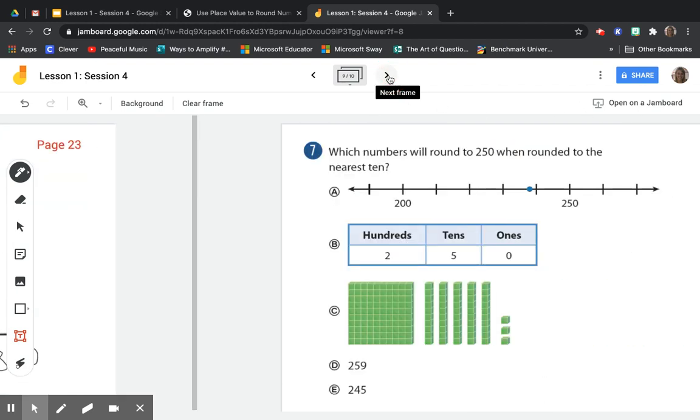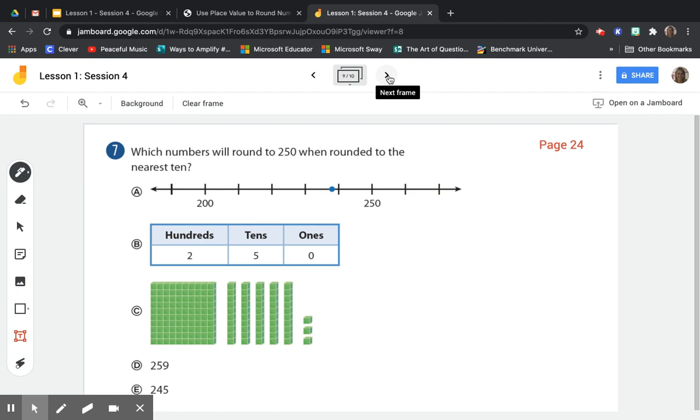Nice job. All right, which numbers will round to 250 when rounded to the nearest 10? Okay, so we're looking at the nearest 10. Let's look at our numbers. 200 and 250, so this must be 210, 220, 230, 240. So let's call this 239.